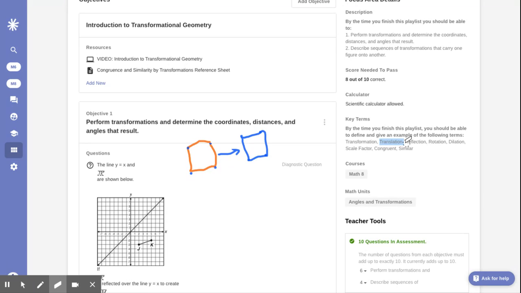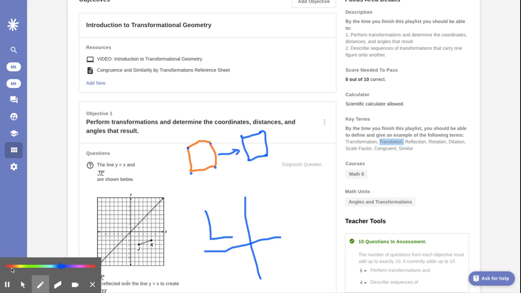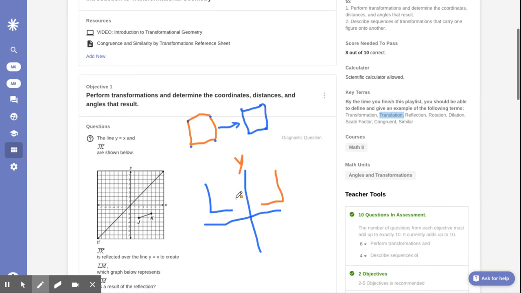All right. The reflection, which is the next word in your vocabulary over there, is like the mirror image. So that's saying, like, here's this, and it's on a coordinate plane. And let's say I wanted to reflect it across the y. That means I'm going to fold it, and it would be over here.